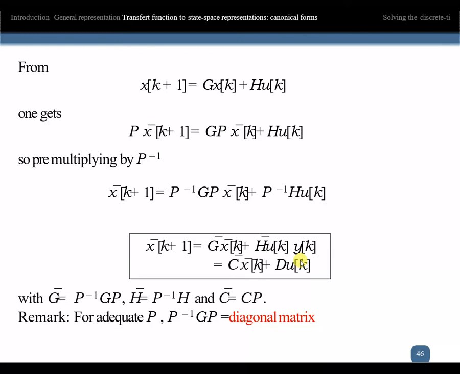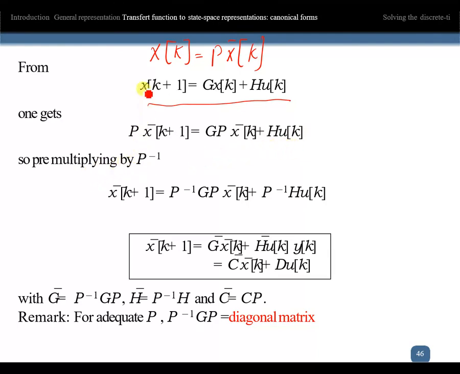Okay, I know x(k+1), this is the state space, becomes G xk plus H uk. I substitute xk equals P x hat k, that means here becomes P x hat (k+1) is equal to G P x hat k plus H uk.